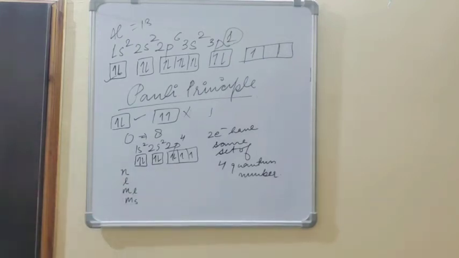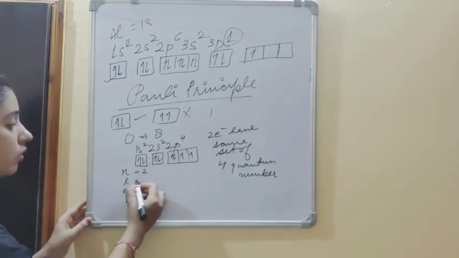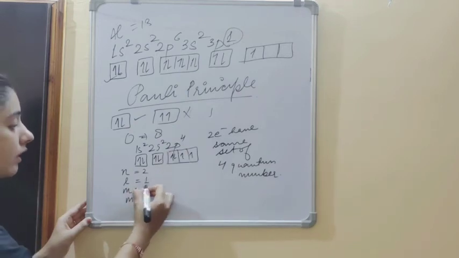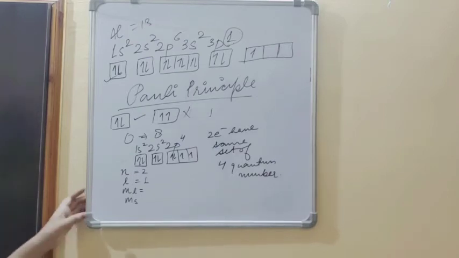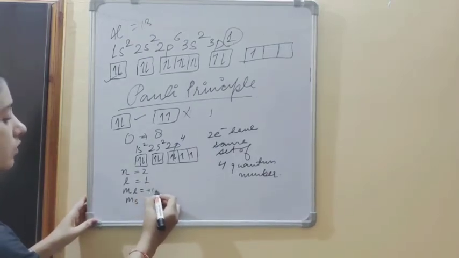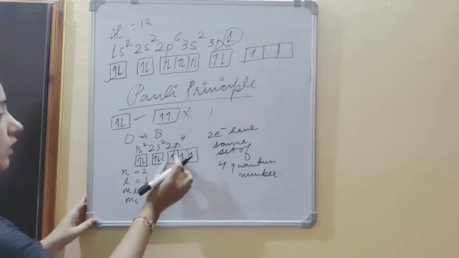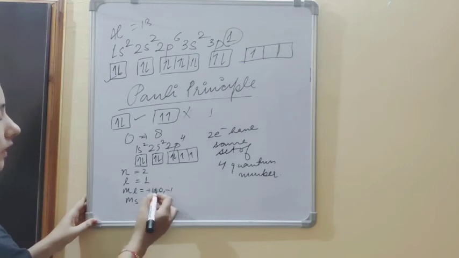Firstly we will take an electron of the 2p orbital, this first one. So here the value of n is equal to 2, the value of l is equal to 1 and the value of ml, the magnetic quantum number. We have plus 1, 0 and minus 1. So we have 4 electrons, 1, 2 and 3, then the fourth one is filled in the plus 1.